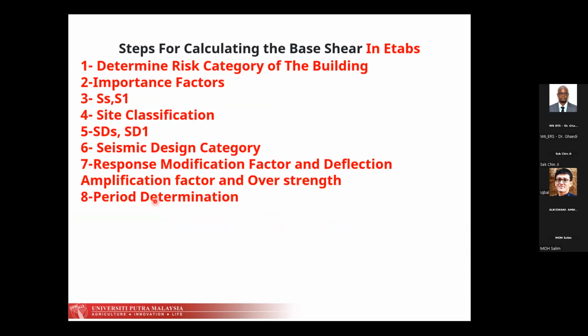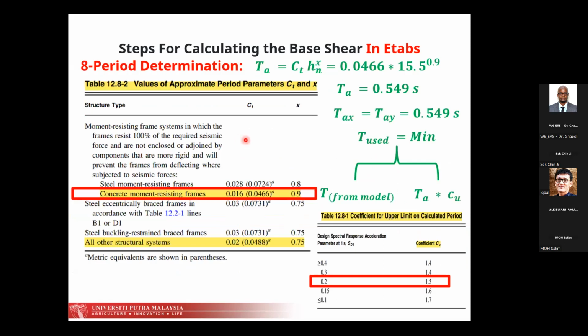And finally, we go for period determination. Actually, for period determination, I will show you later in the software how to get the model period. But first, let's talk about the one provided by the code. We said that we have this equation Ta equals Ct hn to the power of x. So Ct and x are related to the structural system.